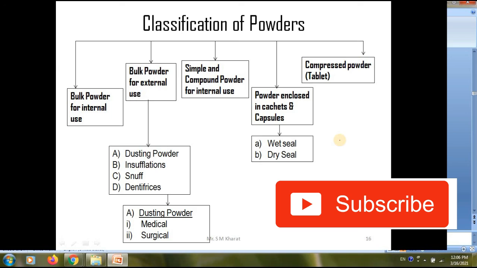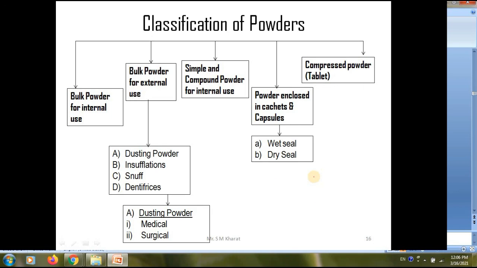Initially, powders can be classified into 5 different parts. First, bulk powder for internal use. Second, bulk powder for external use. Third, simple and compound powder for internal use. Fourth, powder enclosed in cachets and capsules.